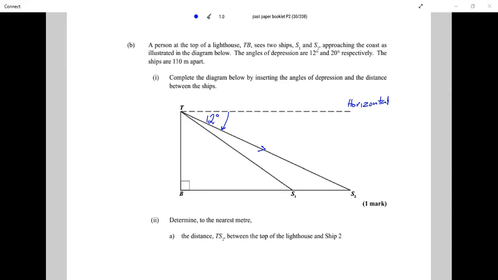Now here, this will be the line of sight of the person at T looking down at the ship S1. The angle of depression would be the angle between the horizontal and the line of sight. That angle there would be 20 degrees. And of course, the 20 degrees will be more than the 12 degrees.